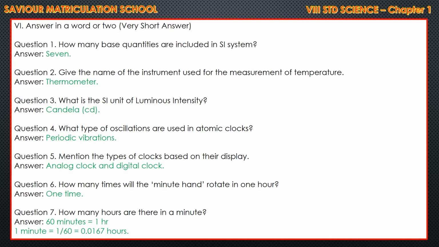So you can write the answers on the side of the question also. How many times will the minute hand rotate in 1 hour? 1 time. The minute hand moves 60 times only. Children, the answer may be wrong.